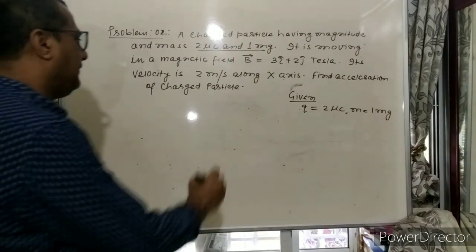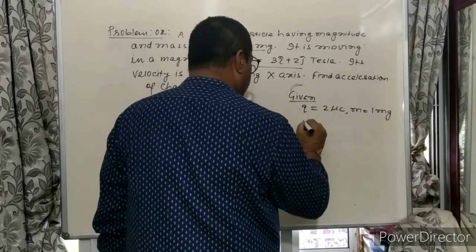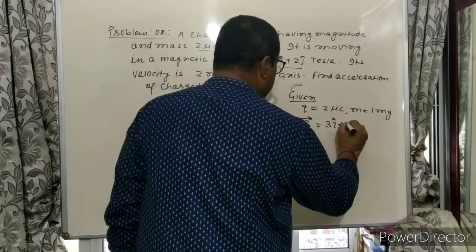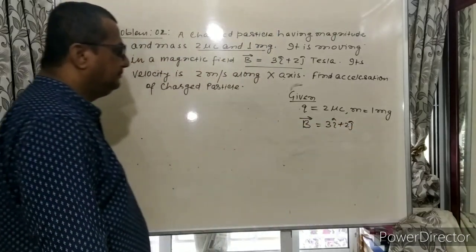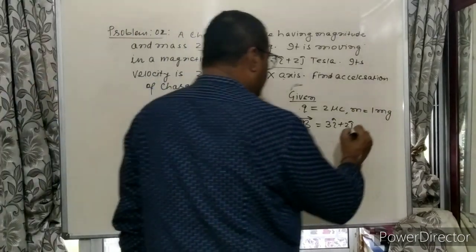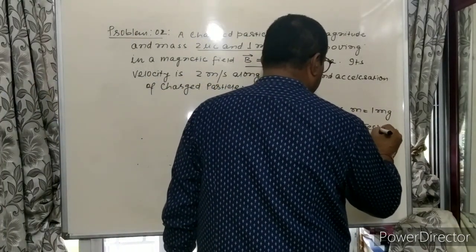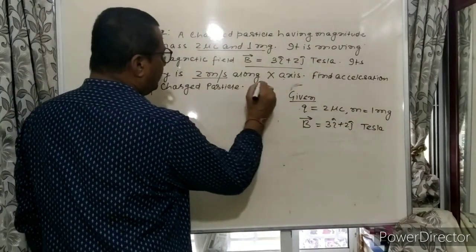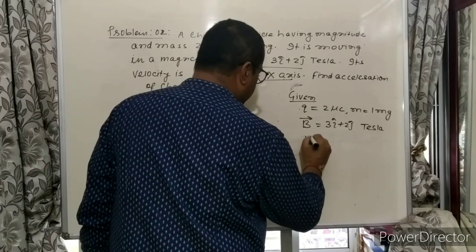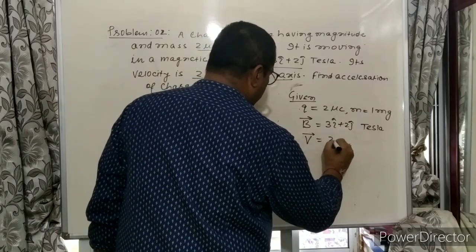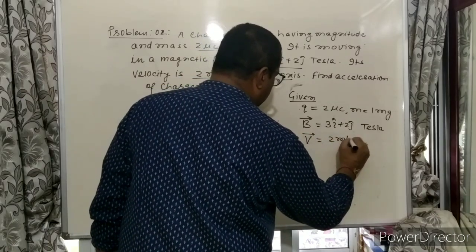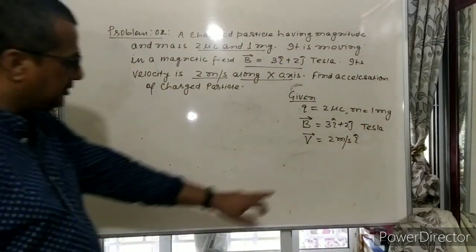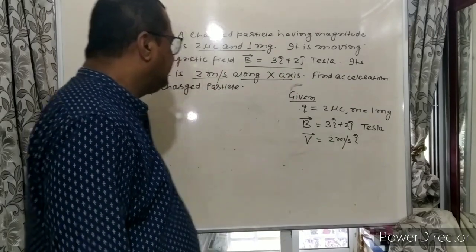It is moving in a magnetic field, B equal to 3I plus 2J Tesla. Its velocity is 2 meters per second along the x-axis, along the x-axis means I cap.